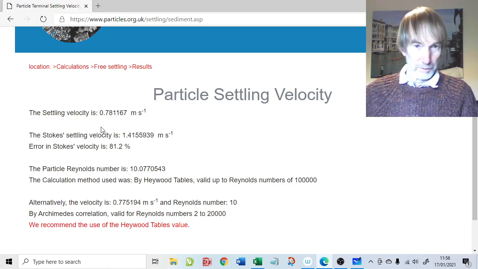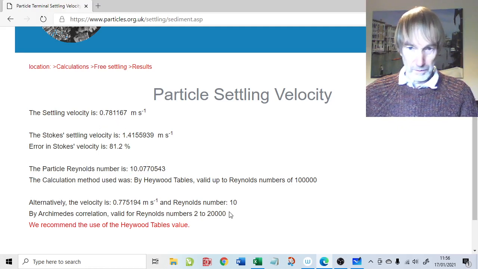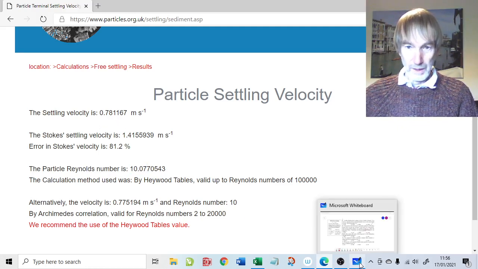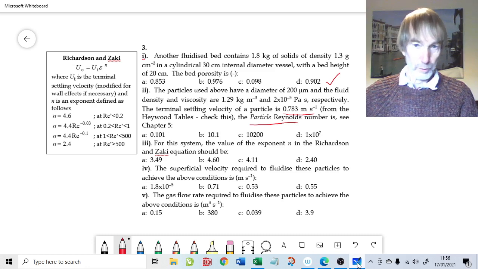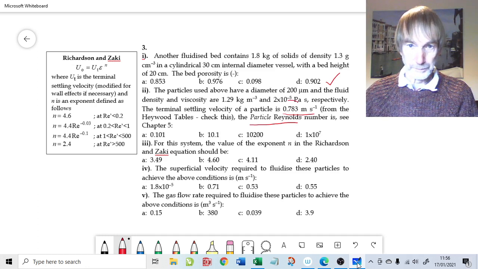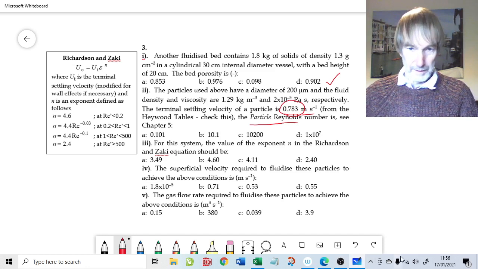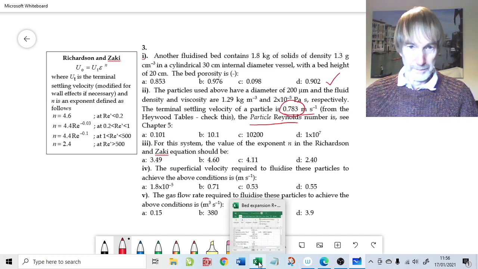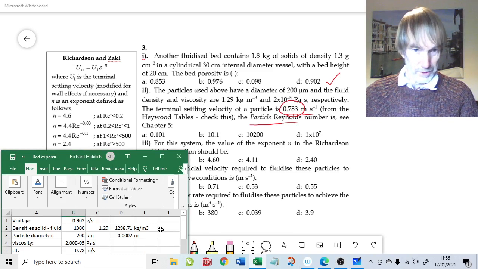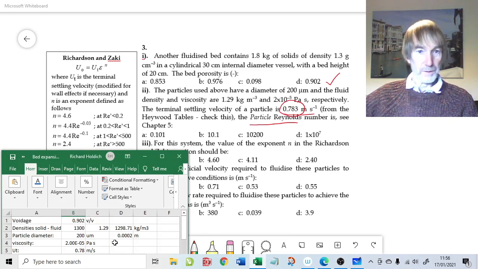Anyway, so we validated the value to use in the question, which was 0.783, as indicated here. So we've done that validation, and we know the answer is 10.1. However, I feel the need to just check that out, if I was doing this rather than just relying on the website.